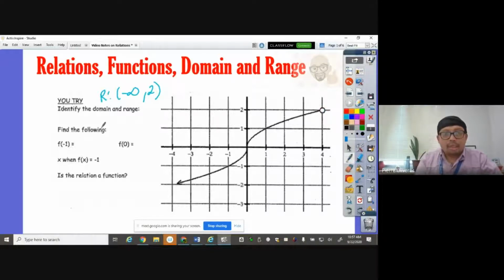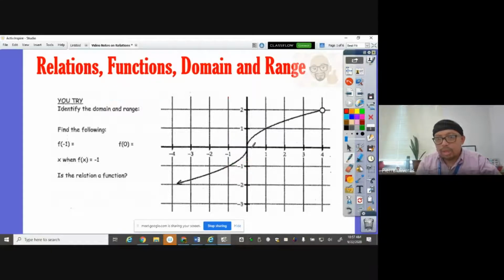Okay? Find the following. So we're going to evaluate f of negative 1. Negative 1 on the x-axis is right here. Now, what I suggest to my students is, on the x-axis, where is the graph at negative 1? When x equals negative 1, the graph is right there. So the value of y there is negative 1.